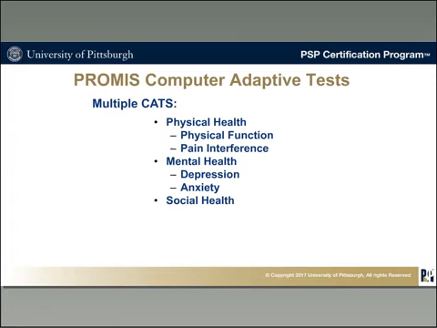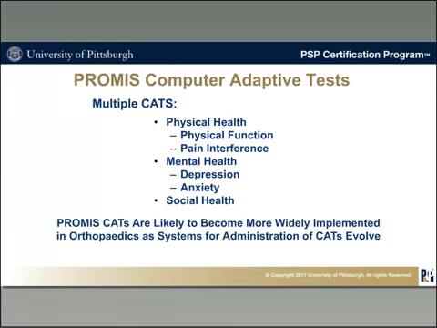So the ones that would be most relevant for patients with spinal pain would be physical function or pain interference, how pain interferes with their ability to do everyday life, as well as perhaps some mental health questions such as depression and anxiety.